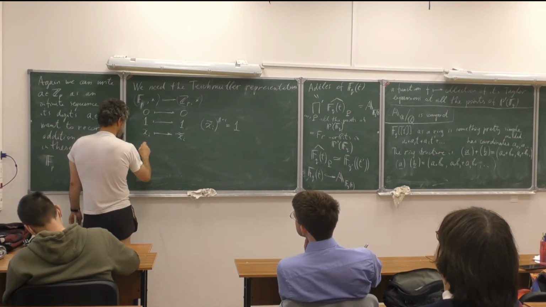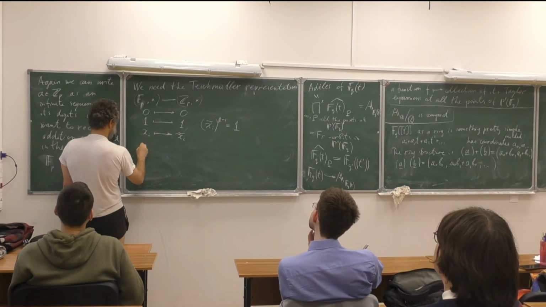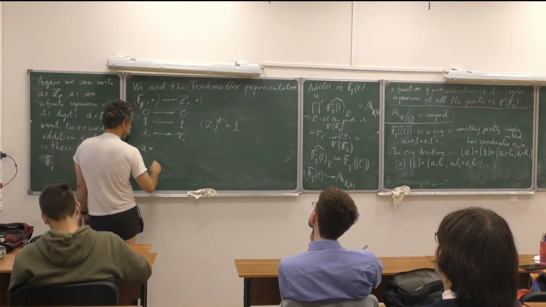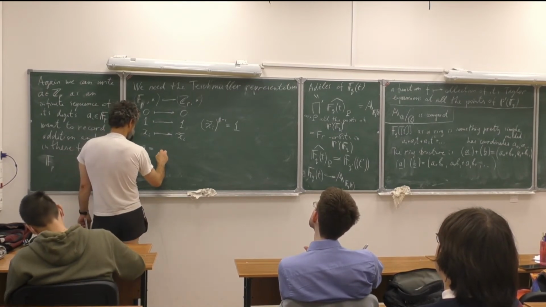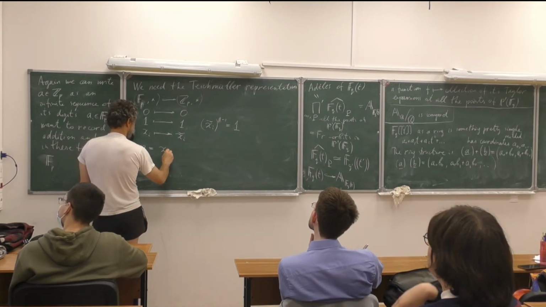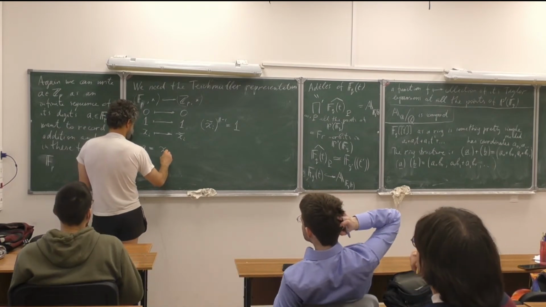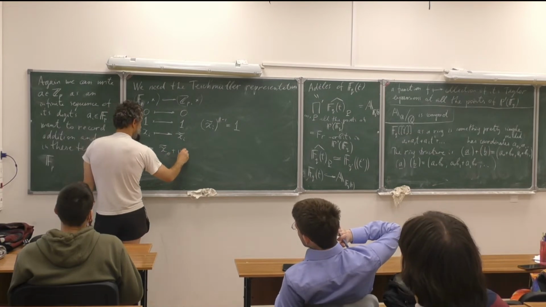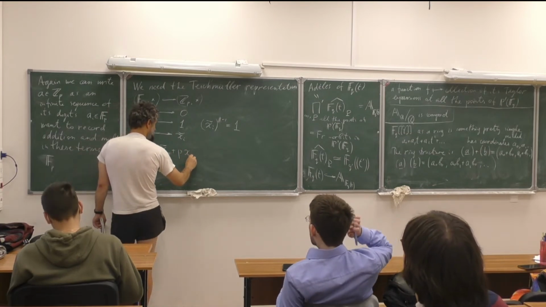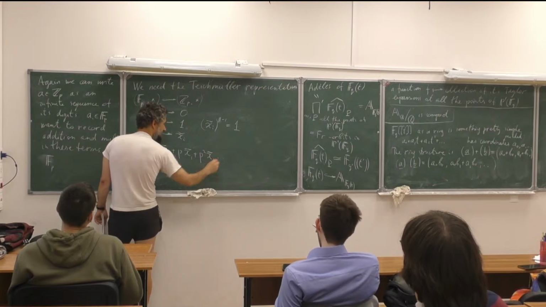So any a will be written as x0 tilde plus p times x1 tilde plus p squared x2 tilde and so on.